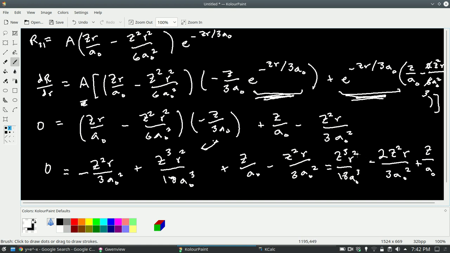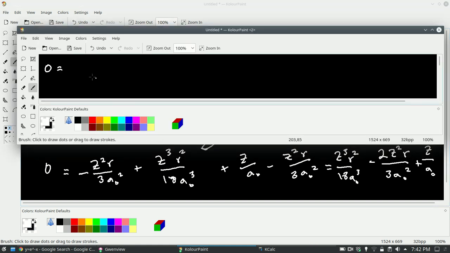I might have to use the quadratic equation to solve this. Okay, but I'll just give it a shot. So, can I factor a z out or something? z over a naught. I guess I could factor a z over a naught out.